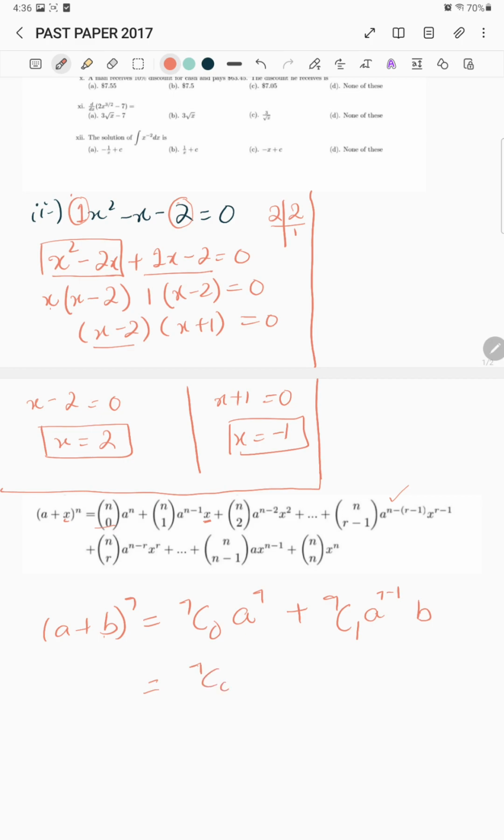So 7c0 a to the power 7. 7c1 is 7 factorial.